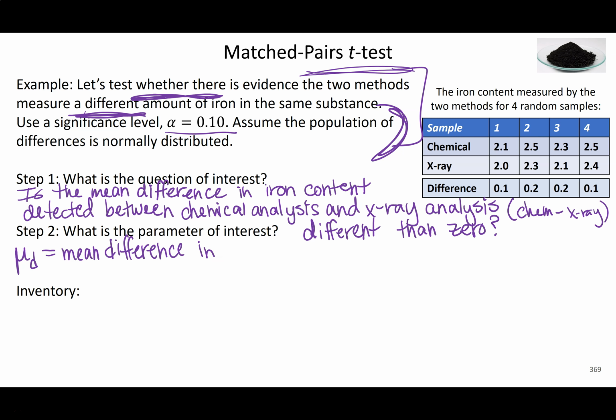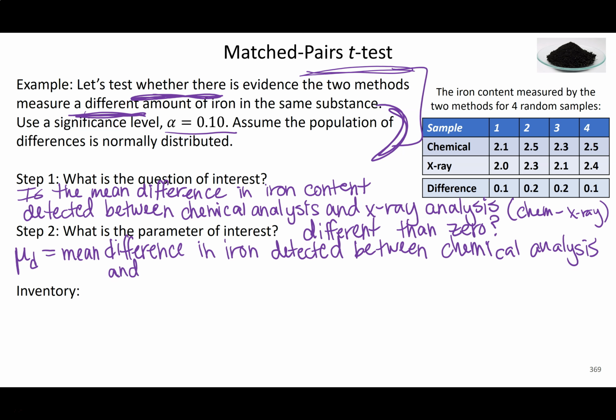So in iron content detected between those two methods. So between chemical analysis and X-ray analysis. I know, I'm sorry, this is so not exciting because I'm writing. Maybe I might try filling this in with automatic next time. And I want chem minus X-ray.